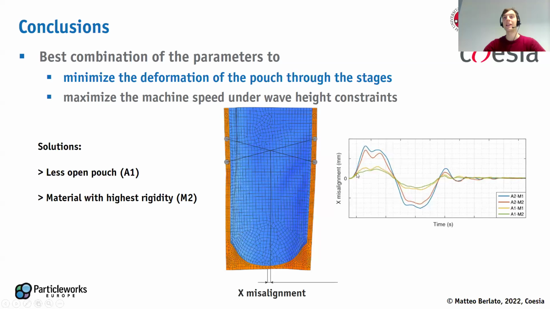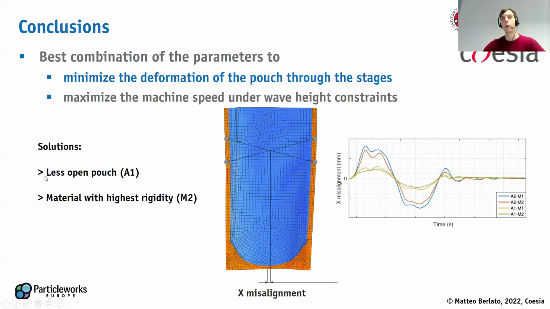Okay, and what you see here is basically the deformation of the pouch when we change the configuration at the beginning, so how much the pouch is open, and also the rigidity of the material of the pouch itself. And you can clearly see that they could improve the deformation here, the X misalignment, by working with a less open pouch initially, A1, you can see that it's in yellow and green.